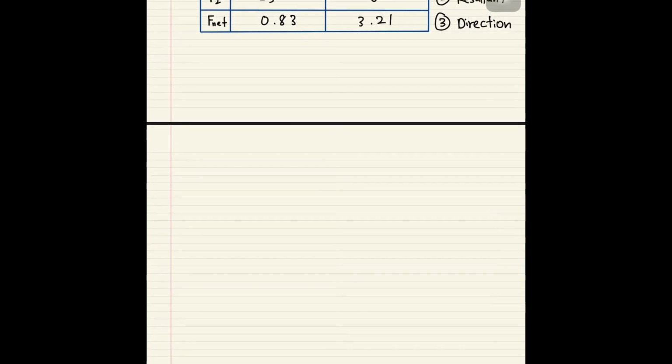Okay, so F net here, my suggestion is always try to redraw these two resultant vectors, so you have fx net and fy net. Both of these is positive, so it will be pointing in this direction, upwards and to the right.